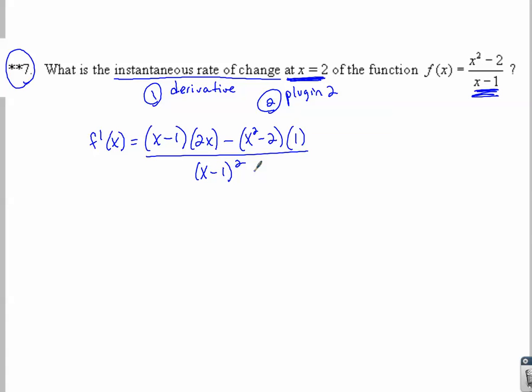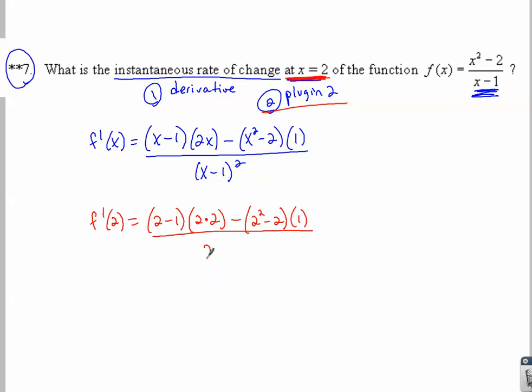Now we can simplify if we want to, but remember our purpose is to find the derivative at x equals 2. So at this point, in case we don't want to mess up in our algebra, plug in 2, and then all you have to do is number crunch. F prime of 2 means 2 minus 1, 2 times 2. I'm plugging the 2 in for all the x's everywhere. 2 squared minus 2 over 2 minus 1 squared.